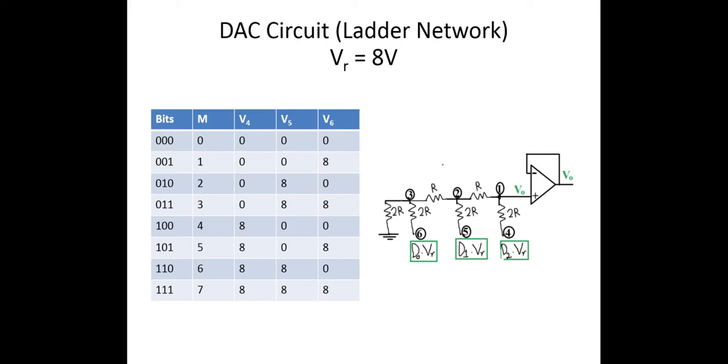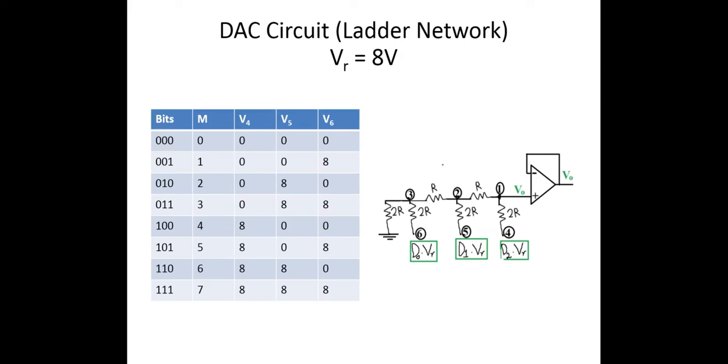And then there is another point: you can see a voltage follower circuit at the right end of this digital to analog converter. The purpose of this voltage follower is to isolate the output from the ladder network.